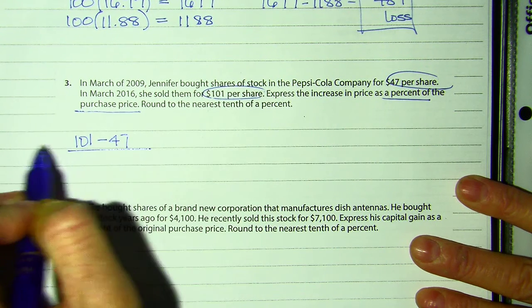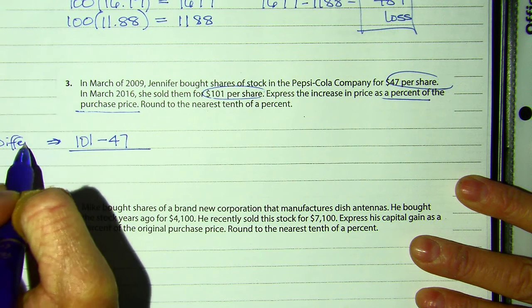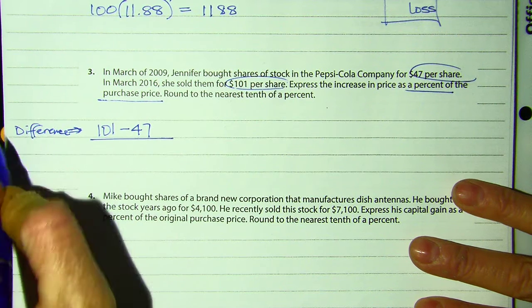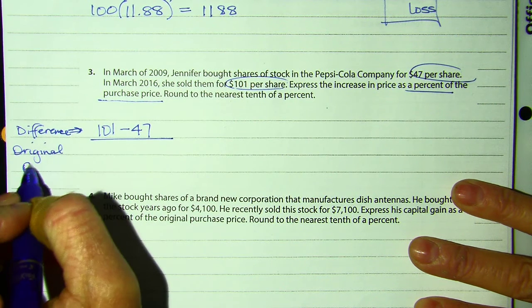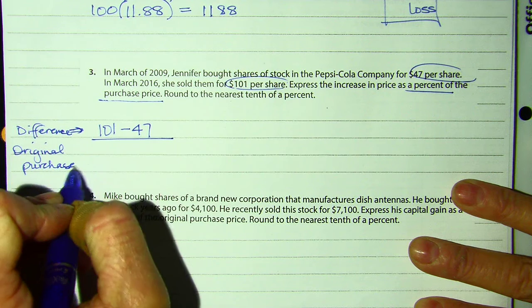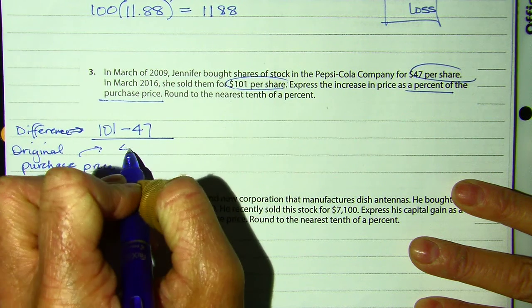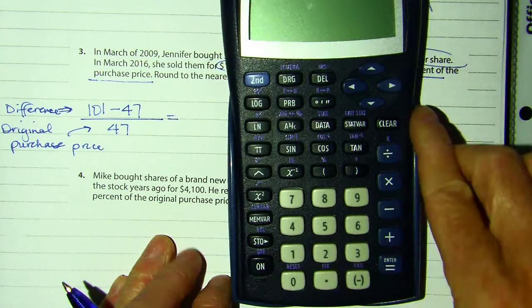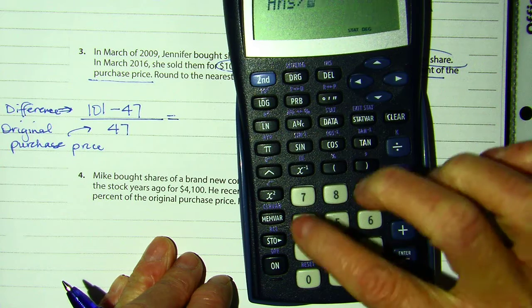So you're looking for the difference in your prices. And it's always divided by the original purchase price. That's what should go in the bottom. So she purchased it for $47. So this is what we're entering. 101 minus 47 divided by 47.